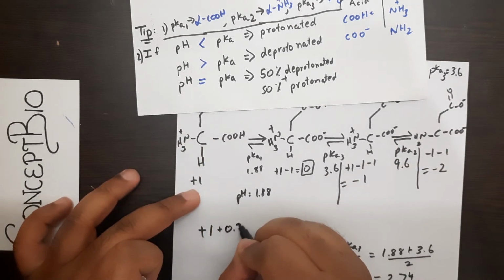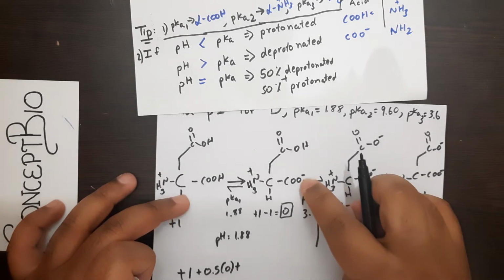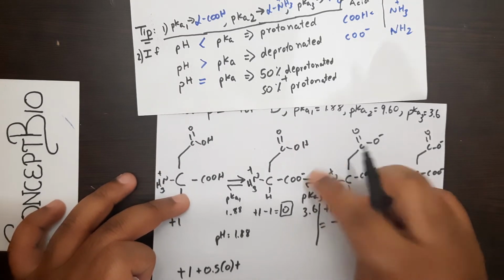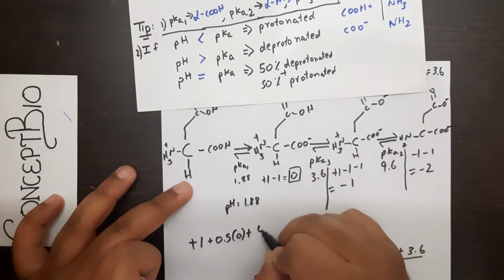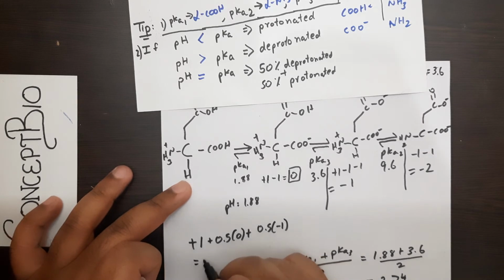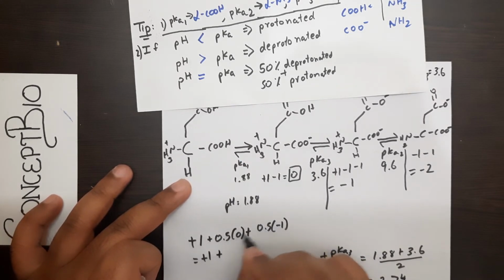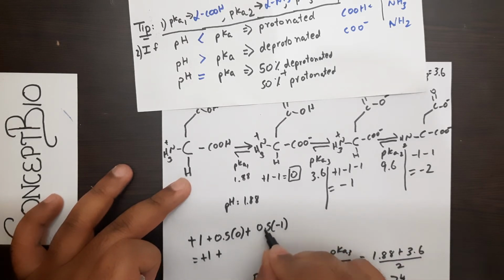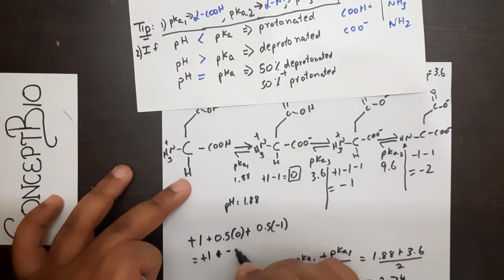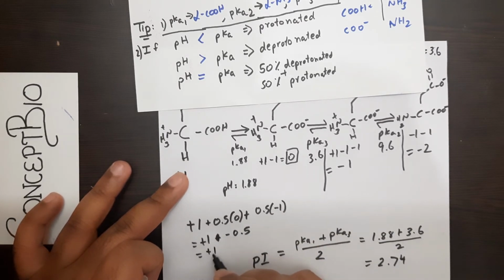So 0.5 times 0, plus 50% is in its negative state, so we'll get 0.5 times minus 1. So what would the net charge be? It will be plus 1 from your amino group always, plus 0.5 times 0 is 0, and 0.5 times minus 1 is minus 0.5. That will give you a total net charge of plus half or 0.5.